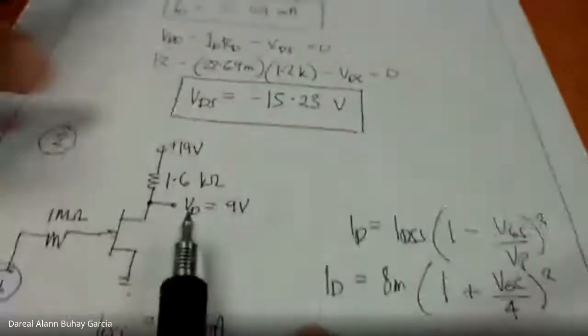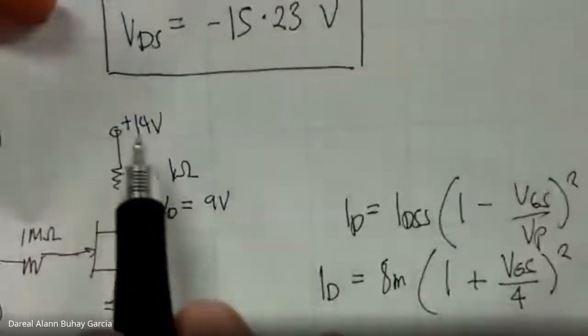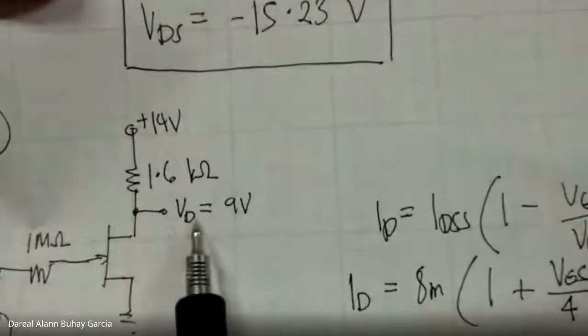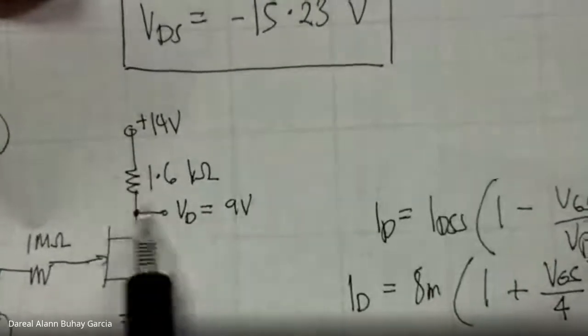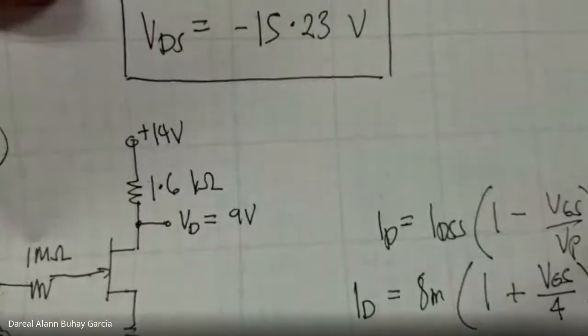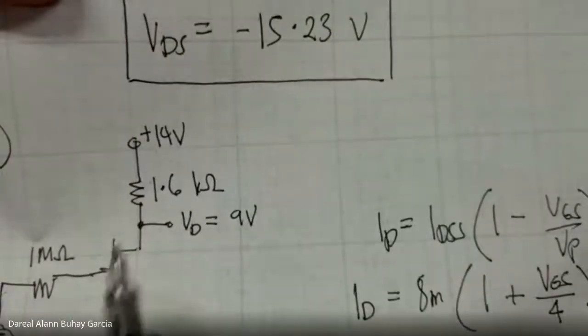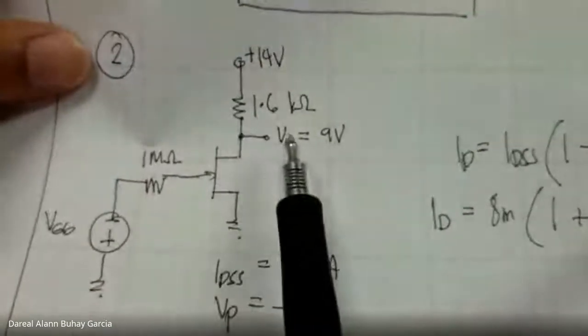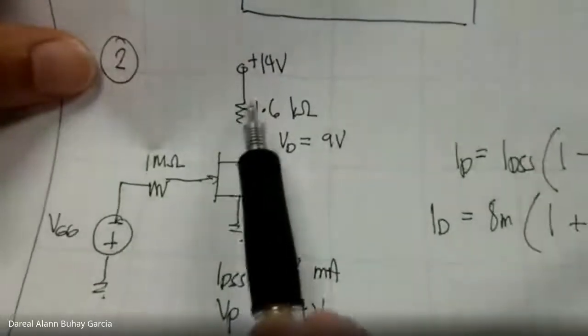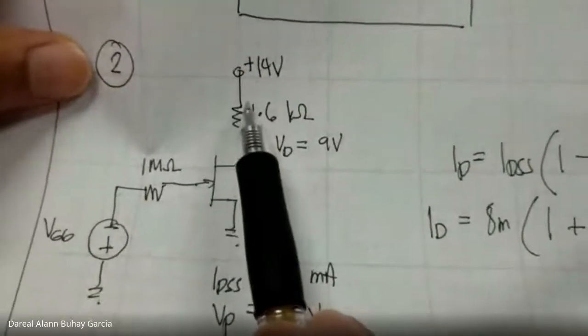VDD is 14 volts. VD is 9. So, what is VRD? VDD is 14, VD is 9, measured from the drain to the ground. And VRD is not equal to VD.